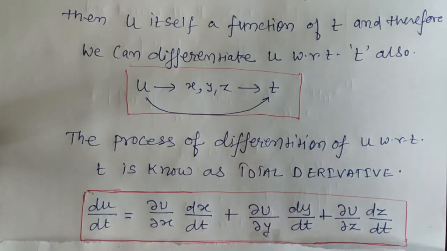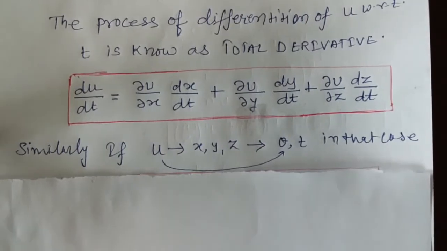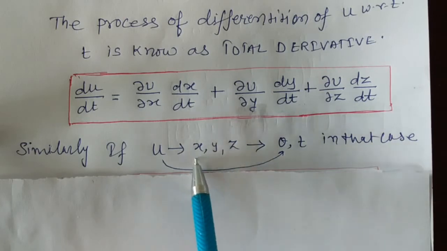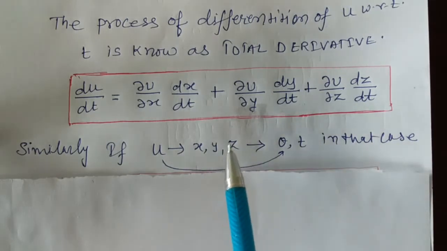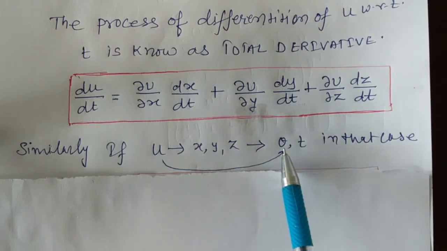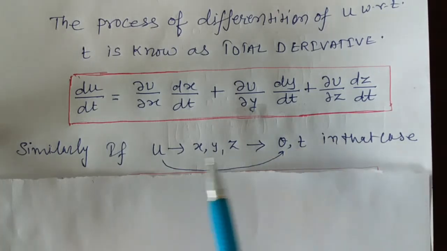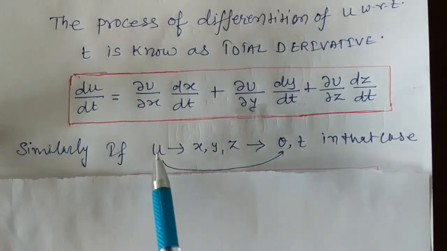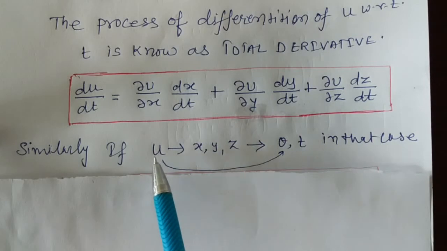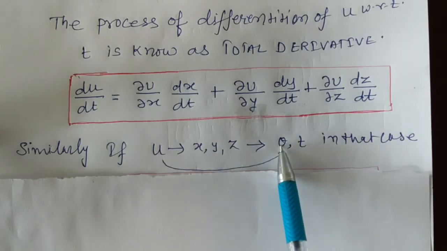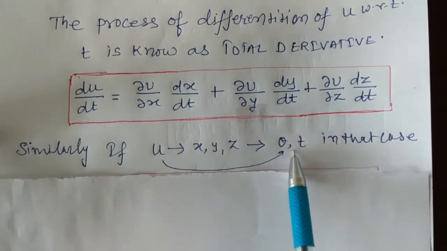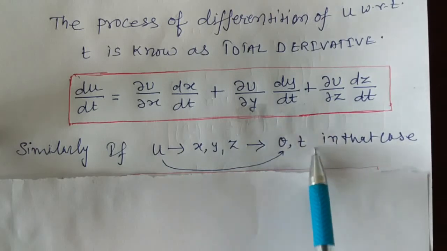Now if u is a function of three independent variables x, y, z, and x, y, z are functions of two independent variables theta and t, then u is ultimately a function of two independent variables, theta and t. In that case, to differentiate u with respect to theta or with respect to t, we use partial derivatives because of the two independent variables.